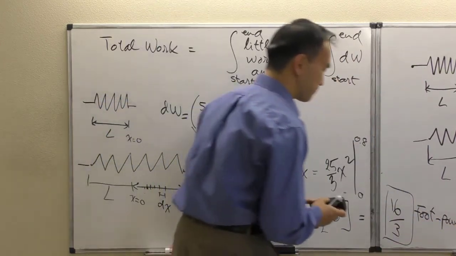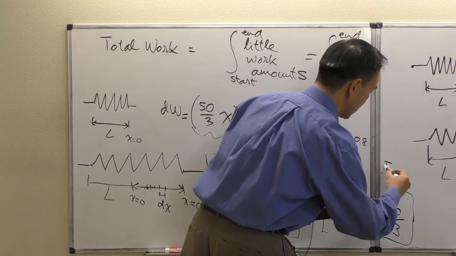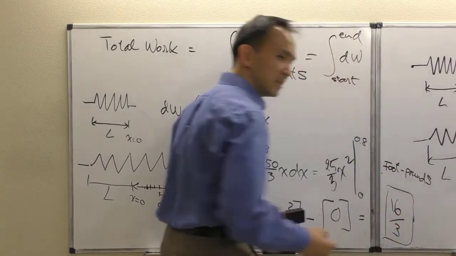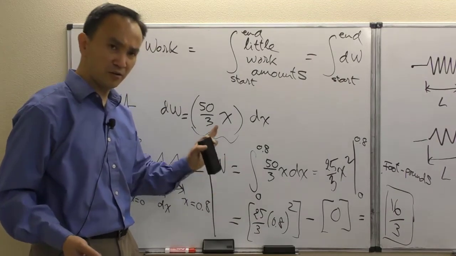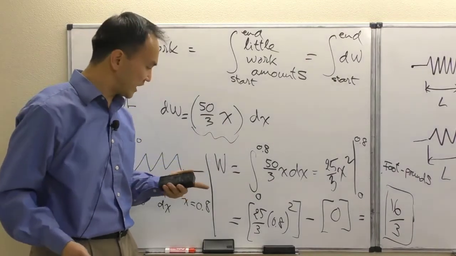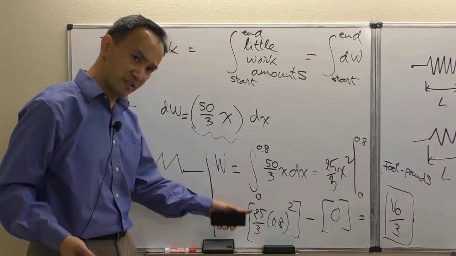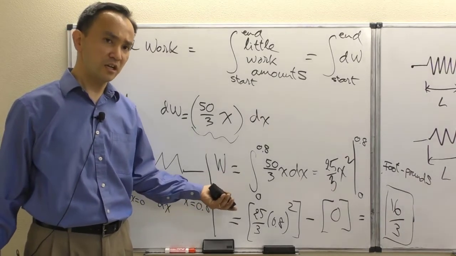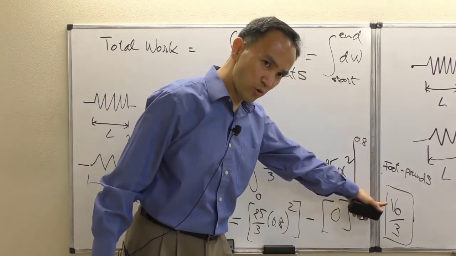So foot-pounds, or I can just write that up here, foot-pounds. That's the units for this, instead of Newtons, because this problem has all those fundamentals about a spring, and about work and force, and how they're related, but we measure everything in terms of the American standard units, the kind of units that are being used in the United States of America. Okay? And so that's our final amount of work for that.